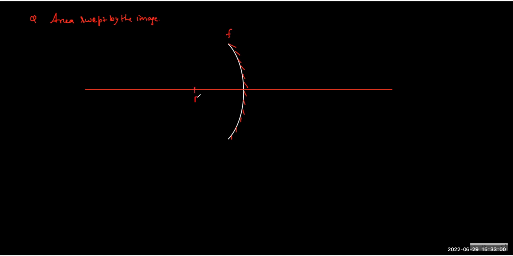So imagine you're quite far away from the focus and we have an object of height h naught. And this object is traveling with a velocity v naught. The mirror is fixed, so the velocity in the ground frame and the mirror frame will be the same. So v naught becomes v naught m also.